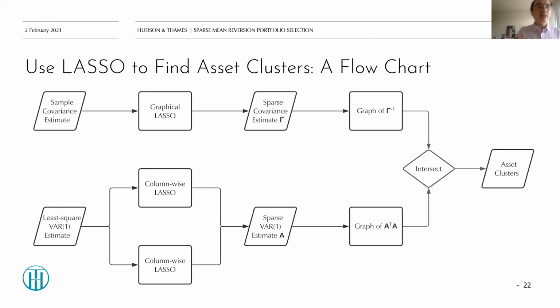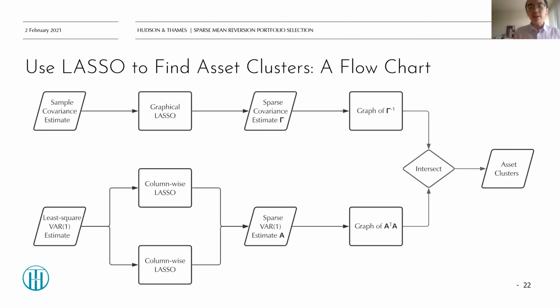And for the VAR1 coefficient, we can use either column-wise lasso or the multitask lasso to get a sparse estimate. And after we get the sparse estimate, we're going to plot the graph of A transpose times A, because the VAR1 coefficient is not necessarily symmetric.